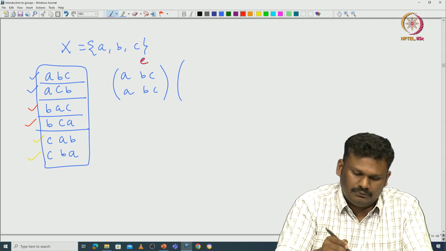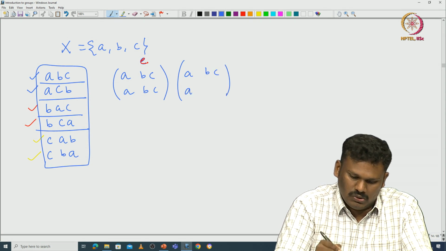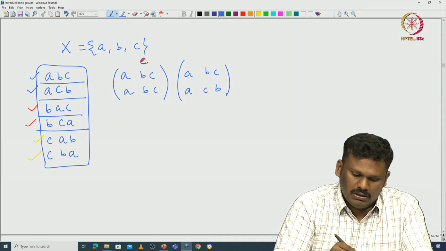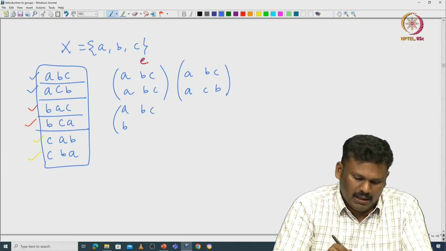Then you have again ABC. Now A goes to A, B and C are switched. Then you go to B: ABC, A goes to B and B goes to A, C is fixed.